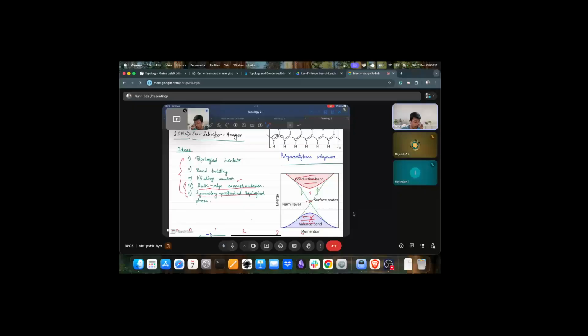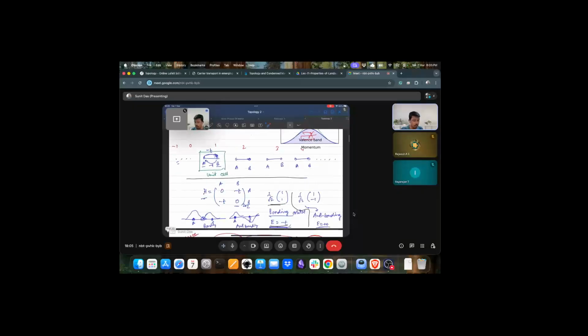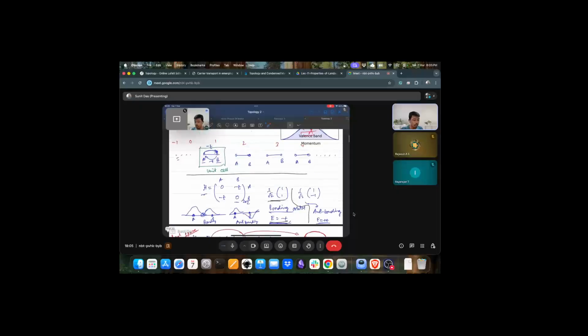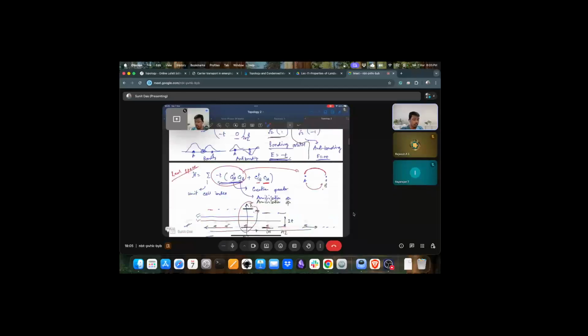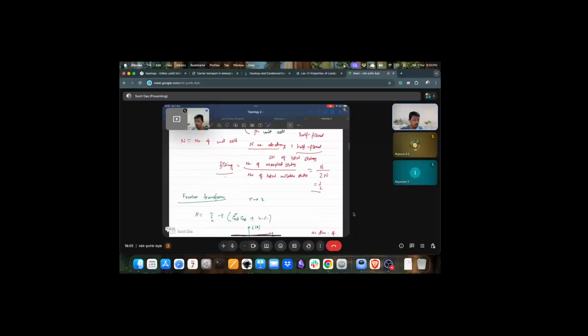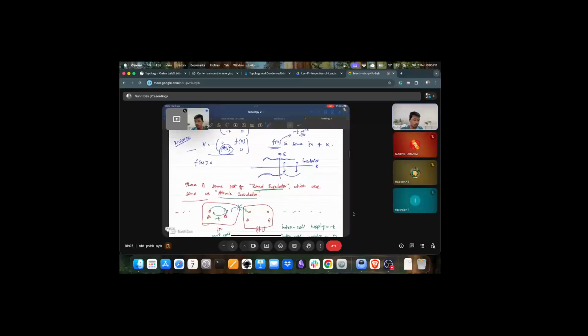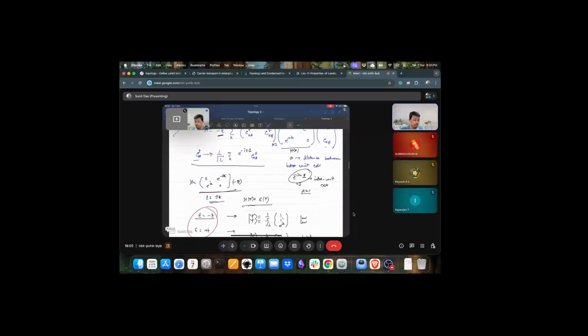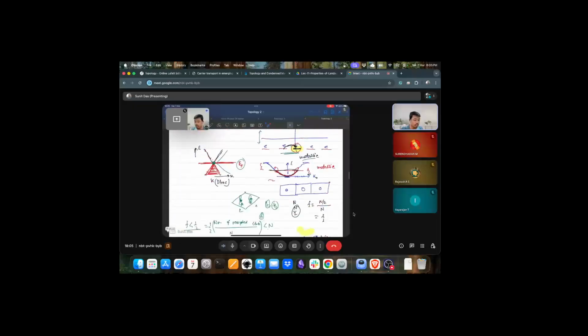So in the last class, we observed that depending on the hopping of this particular SSH chain, this was the unit cell, with intra-unit cell hopping. If it is minus t, let's say, and there is no inter-unit cell hopping, we got a trivial insulator, trivial in the sense that it didn't have any band twisting.